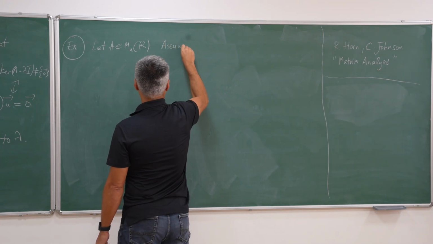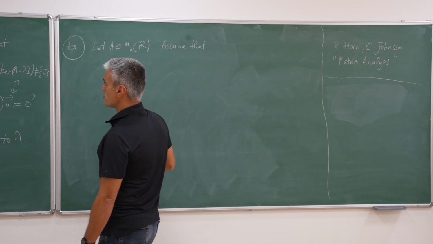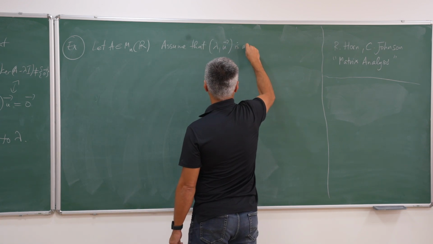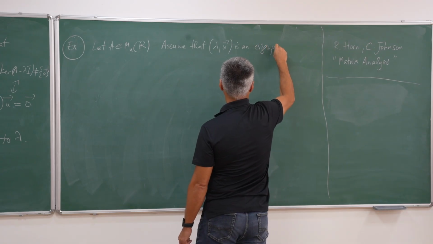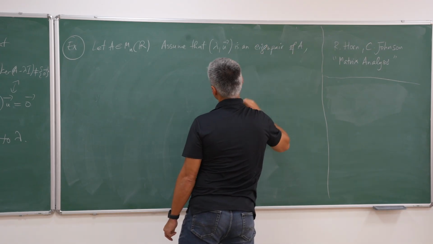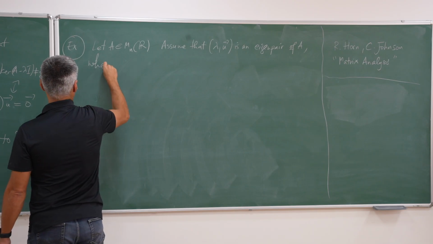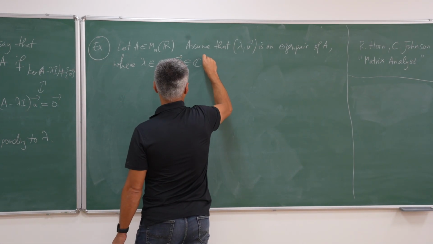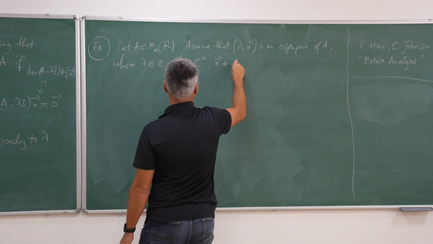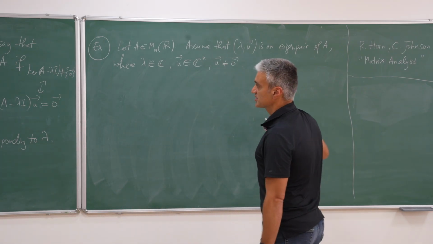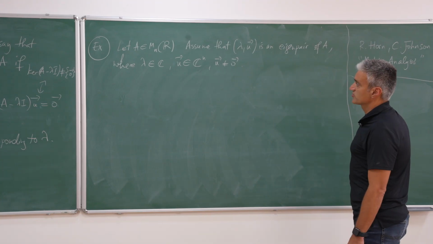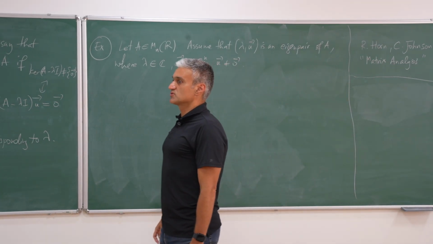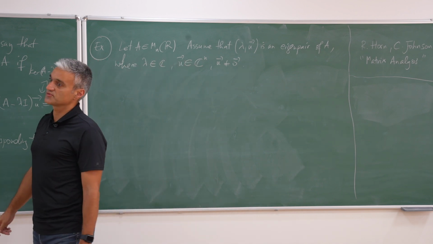Assume that lambda, u is an eigenpair of A, where lambda is a complex number and u is also complex. So A is real, and you have an eigenpair lambda, u, both of them complex. How do you get yourself a real eigenvector?